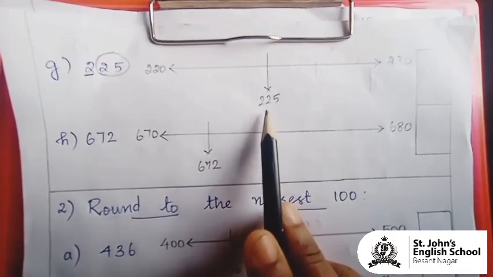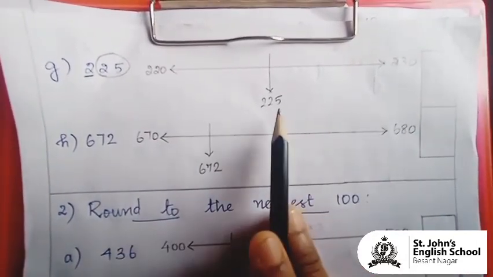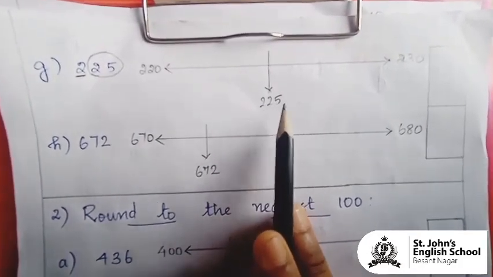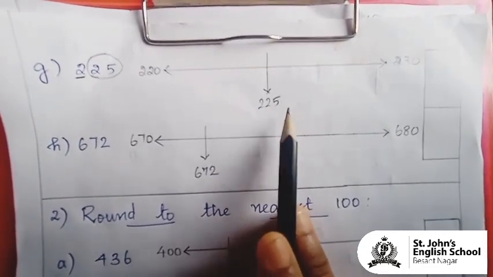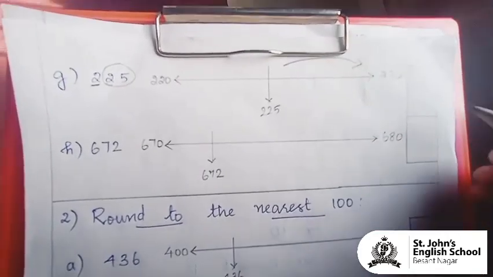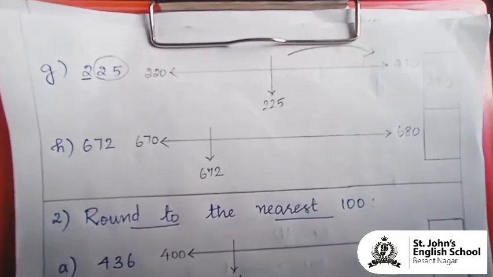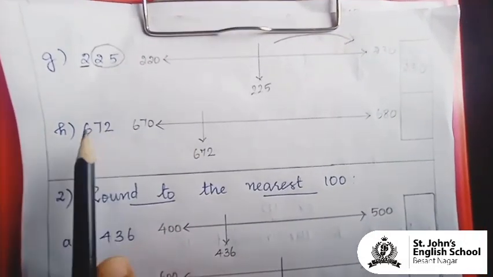As we learned before, this is 5. 225, 5 comes, the number should go to the next place, that is 230.